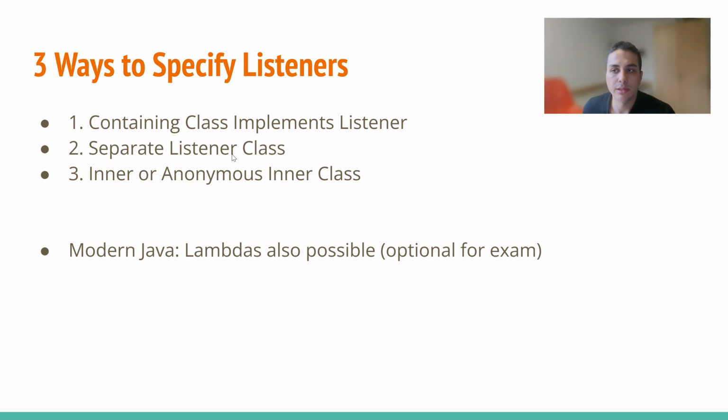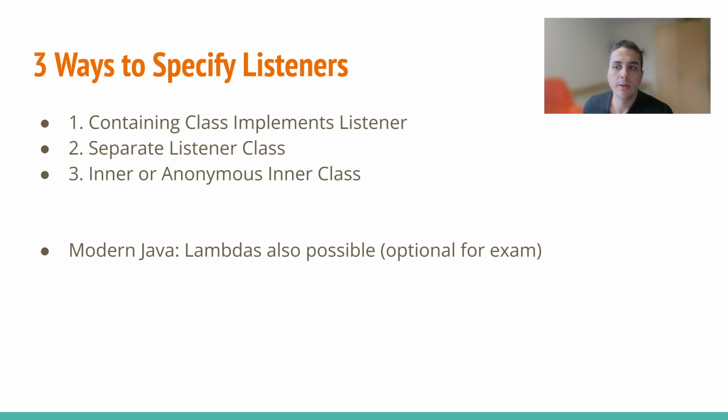Second, we have a separate listener class. You can create a dedicated class that implements ActionListener or whatever listener is needed. For example, we can have a class MyButtonListener with its own class body, and then we can instantiate it with button.addActionListener(new MyButtonListener()), which I will show in the examples soon.